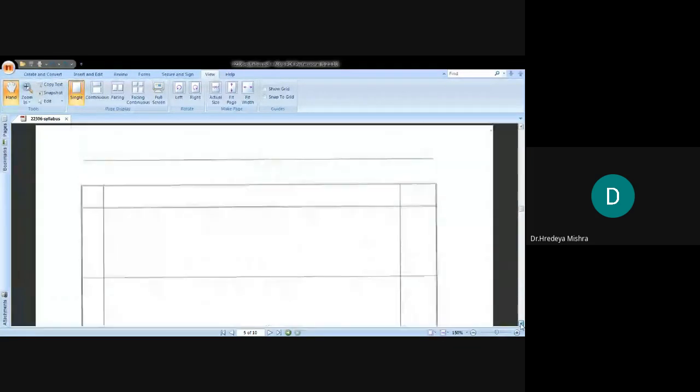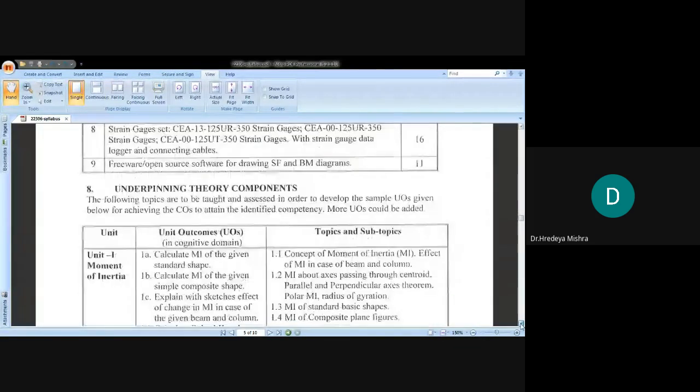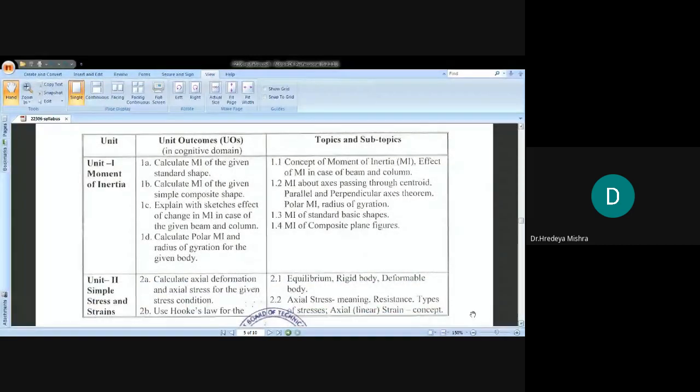Now we come to our syllabus. Okay, so first is moment of inertia, second is simple stress and strain.